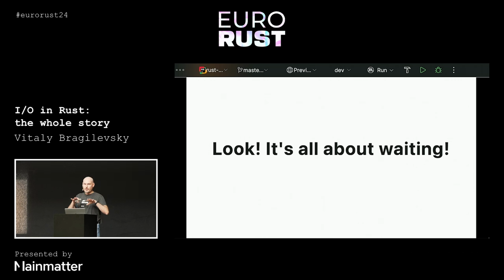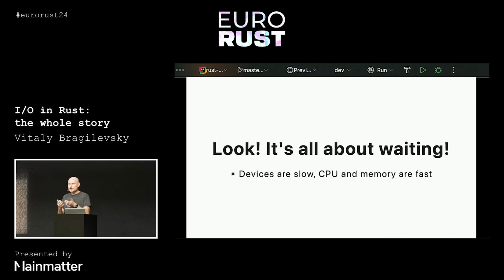So we always wait when we need to do some input-output. And the reason is that devices are slow and CPU and memory are much faster. So it does not make sense for us to use so-called busy active waiting. So we don't poll those devices.